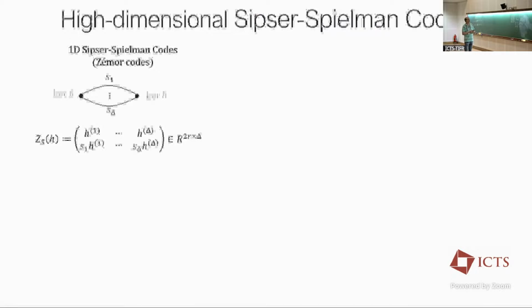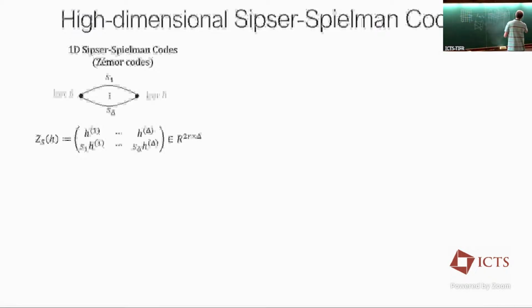I initially learned about this in the lectures by Spielman, but it's not a very common name, I would say. It's a slight variation of the original Sipser-Spielman construction, where instead of the Cayley complex, we consider what is called its double cover. So we have a group G.